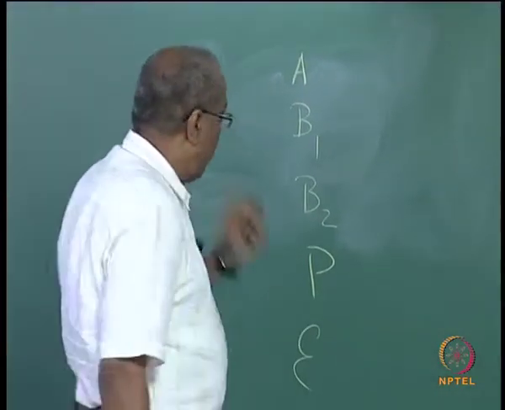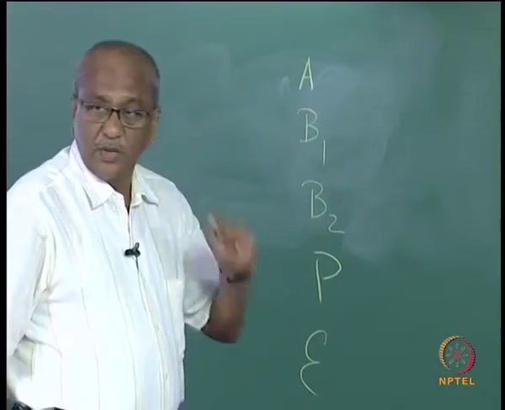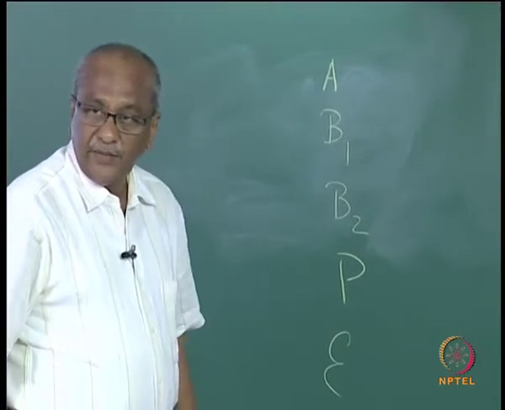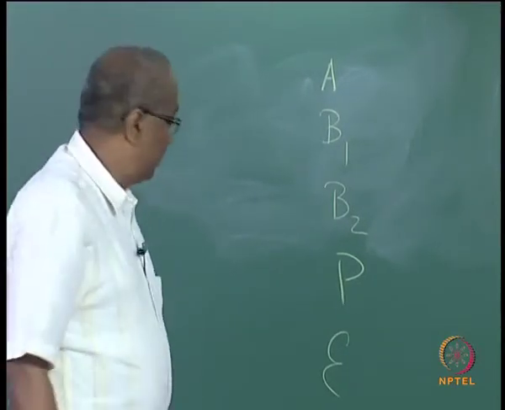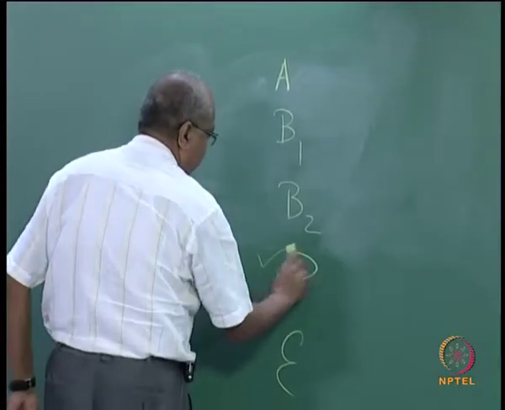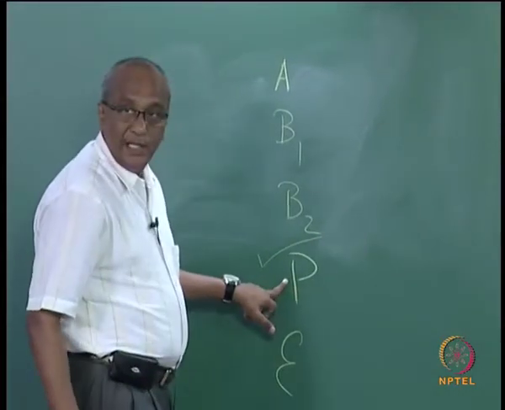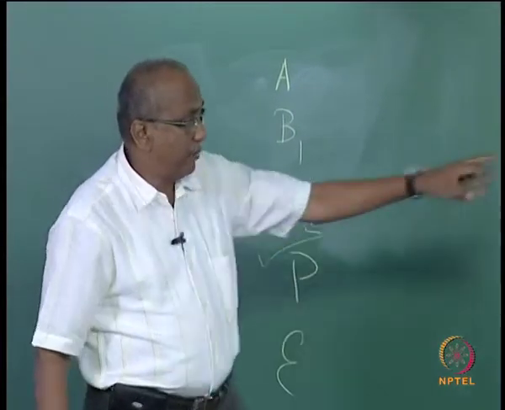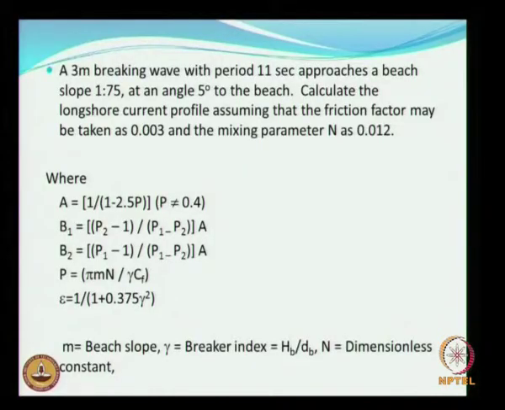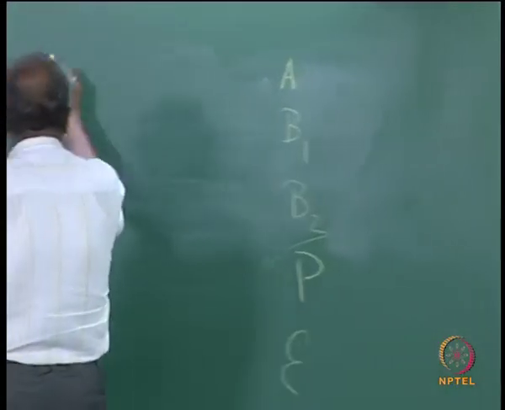What are all the things which we need to calculate? First, as I have said earlier, you have to calculate P. P is pi into m, that is, m is already given to you as 0.012. Gamma is nothing but the breaker index, and Cf is also given, so you can calculate P. So now P is how much?